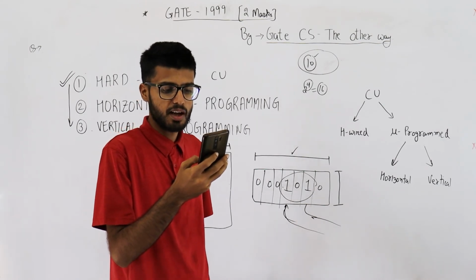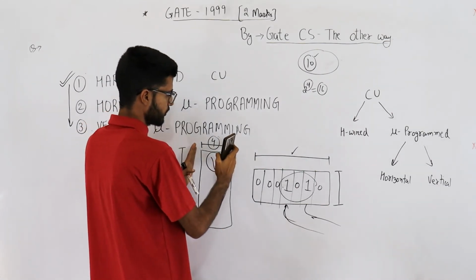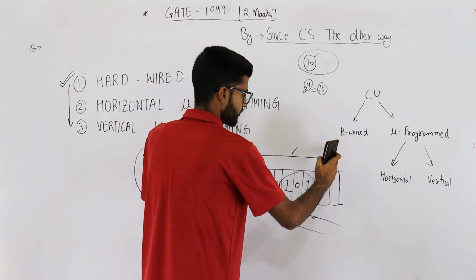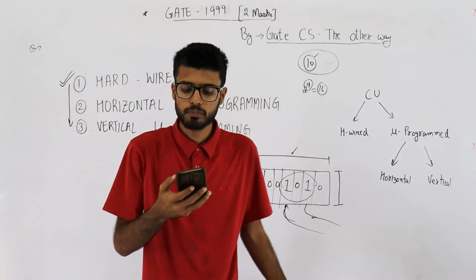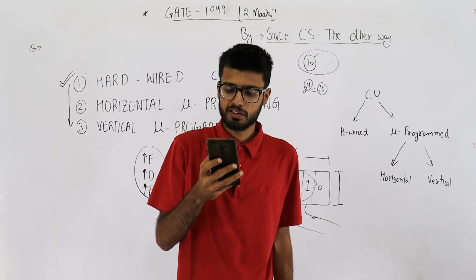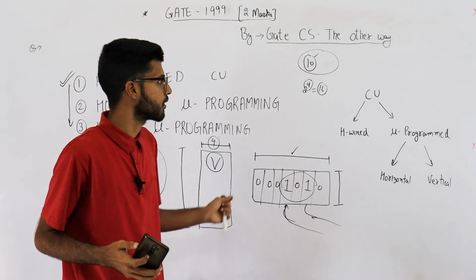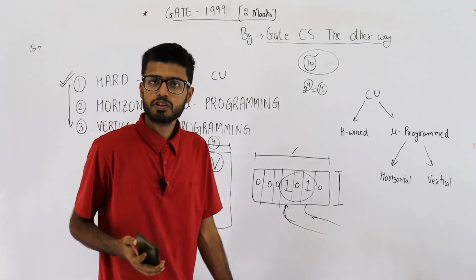Option B, results in larger sized microinstructions than vertical. Yeah, the size of a microinstruction has obviously increased when we are using horizontal. Here we have 10, here we have only 4. So option B is also true. Option C says uses 1 bit for each control signal. Yeah, obviously true. So your answer is all of the above. Thank you very much for watching this video.